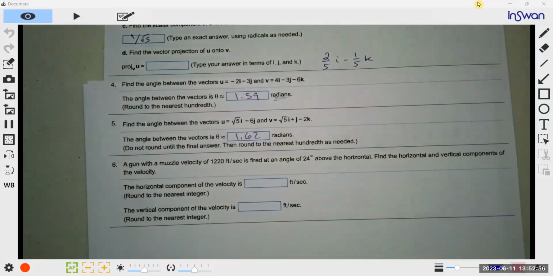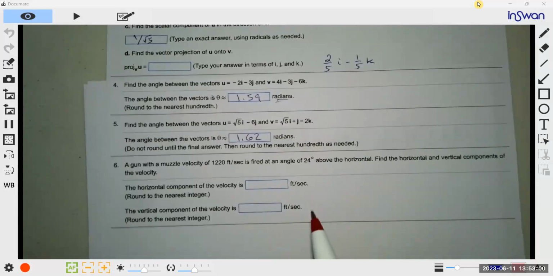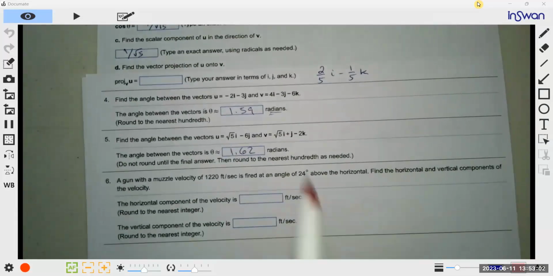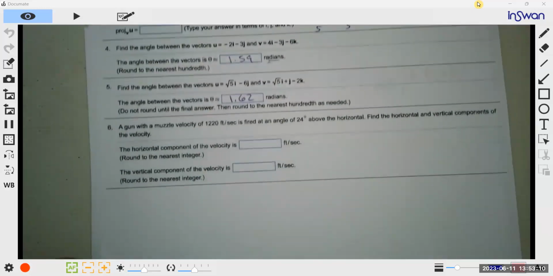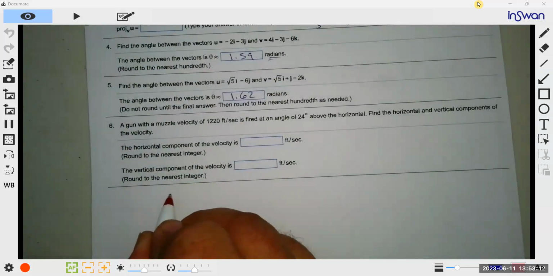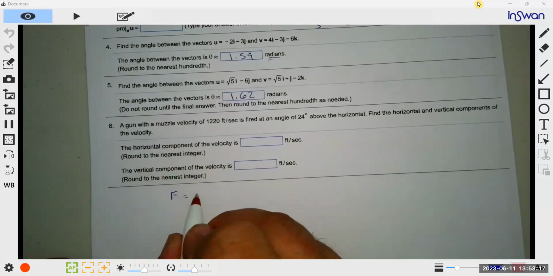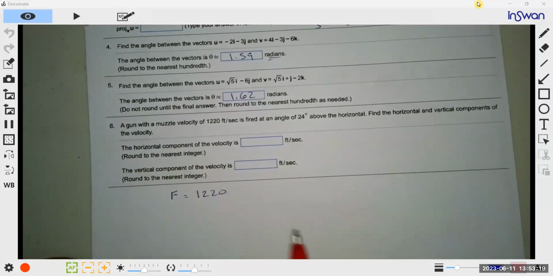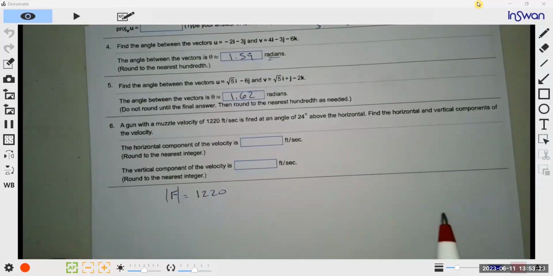Next one. A gun with a muzzle velocity of 1220 is fired at an angle of 24 degrees above the horizontal. Find the horizontal and vertical components of the velocity. So the muzzle velocity is 1220, so the magnitude of the force is 1220.